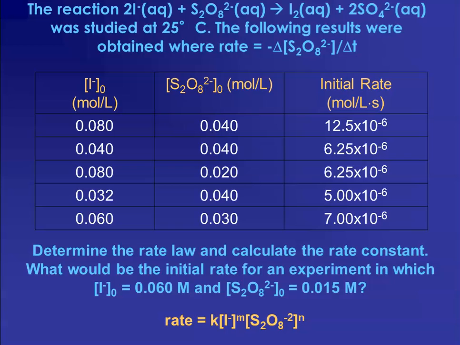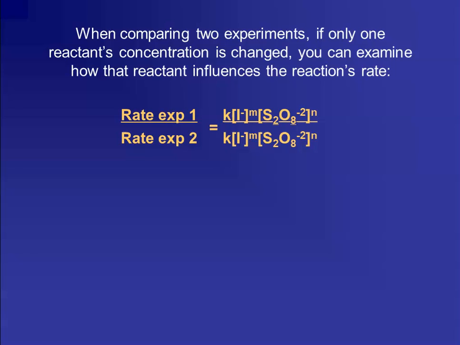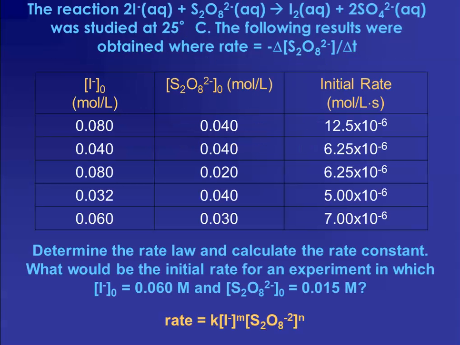So if I compare two of these sets of data to one another, if only one reactant changes, you can basically cancel out the other reactant, and then you would only have one unknown. If I go back to experiments 1 and 2, we see that I minus is changing, but S2O8 2 minus is not changing.